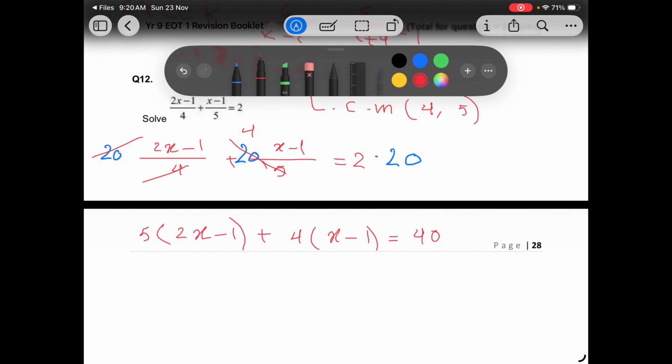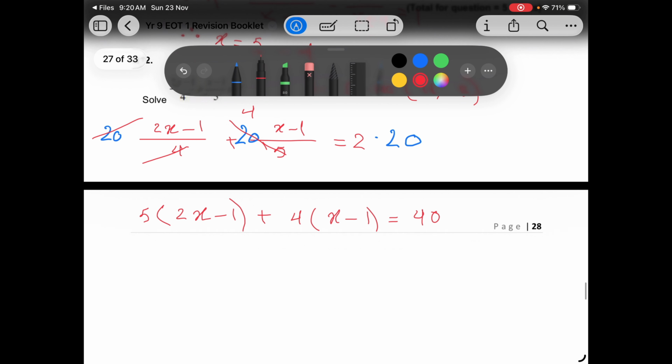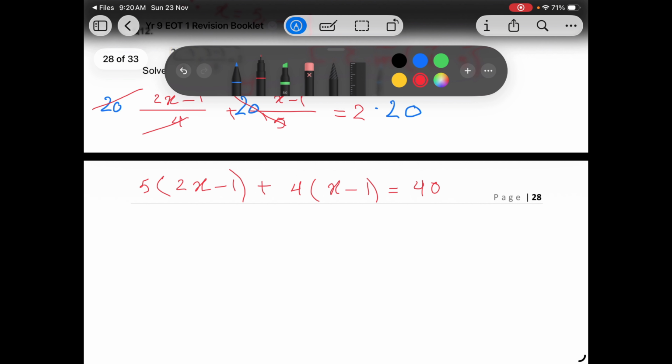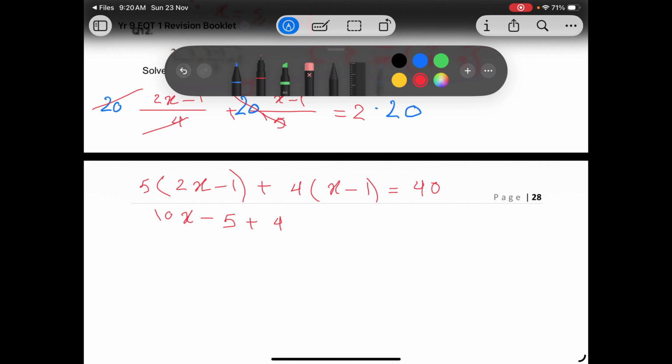Then we will expand the things on the left hand. 5 times 2, it will be 10x, sorry, 10x minus 5 plus 4x minus 4 equals 40. X's, it will be 14x, and minus 5 and minus 4 is minus 9 equals 40.